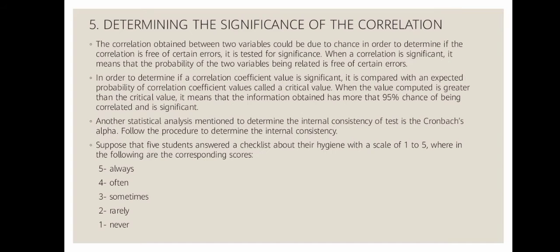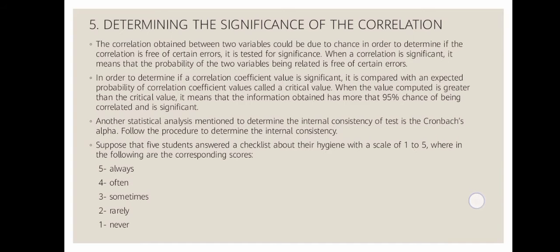5. Determining the significance of the correlation. The correlation obtained between two variables could be due to chance. In order to determine if the correlation is free of certain errors, it is tested for significance. When the correlation is significant, it means that the probability of the two variables being related is free of certain errors.